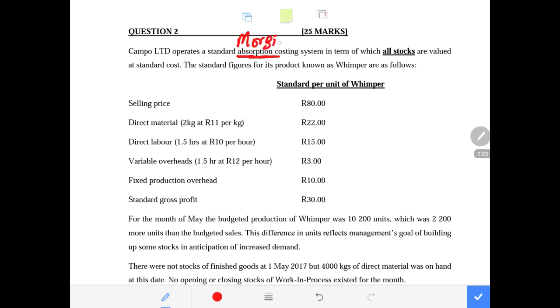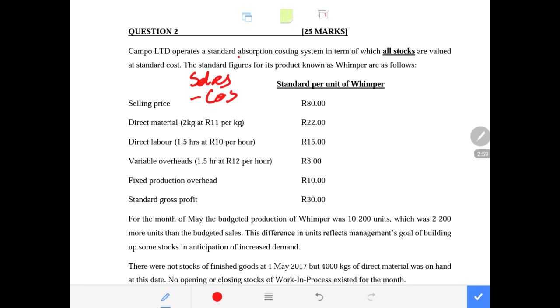And we know that marginal income statement does not take into account fixed cost in the calculation of the production cost or cost of the product. But absorption income statement takes into account the fixed cost. So now this company is using absorption costing, meaning when we are compiling the two income statements, budgeted and actual, we will have to say sales minus cost of sales, because cost of sales includes all the production cost, meaning the fixed cost and the variable cost.